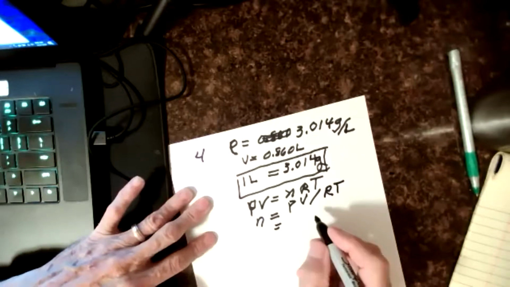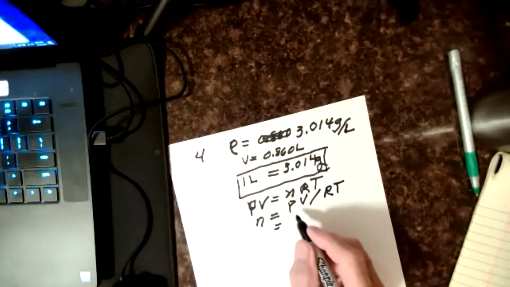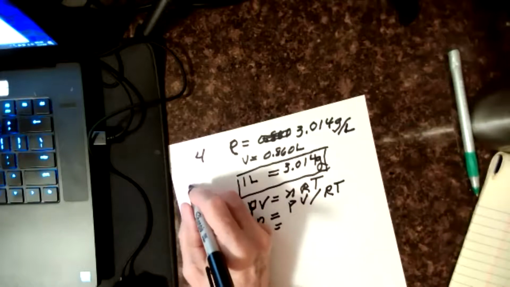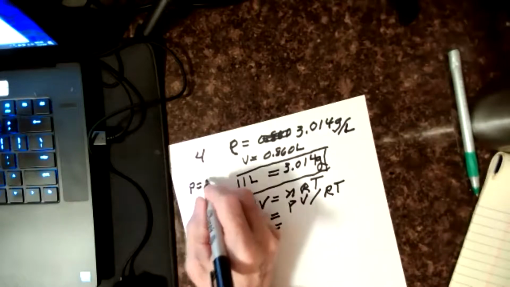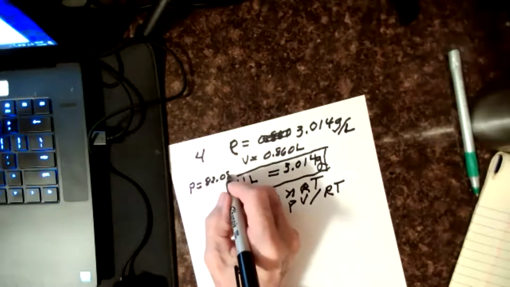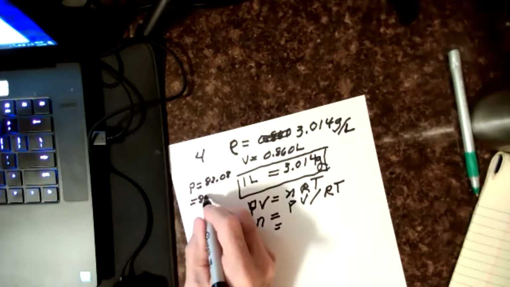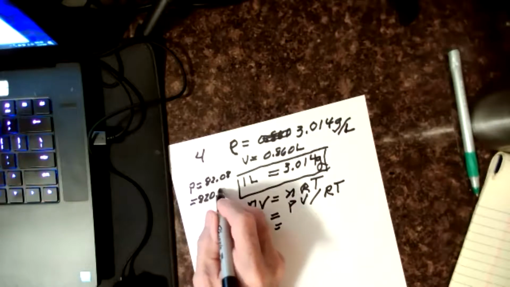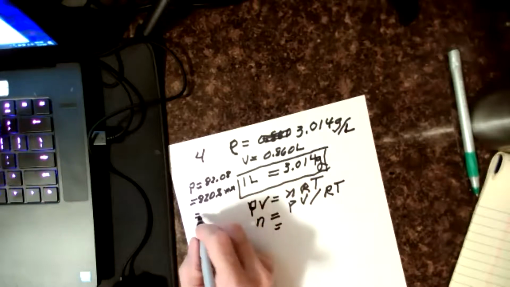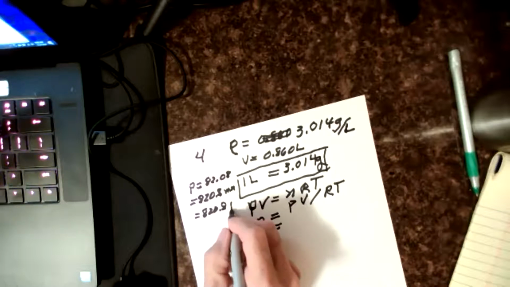Now, what did our data tell us? The pressure, let's go sidebar over here. Pressure, we were told, is 82.08 centimeters of mercury. That would be 820.8 millimeters of mercury, and that would be 820.8 torr.